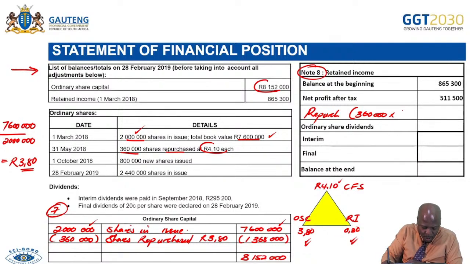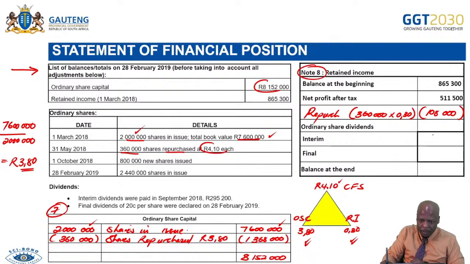So I'm going to come in and say multiply it by my 30 cents. I need calculators. Once I see repurchase brackets all the way, please tell me how much do you get? 360,000 multiplied by 30 cents. You get 108,000.